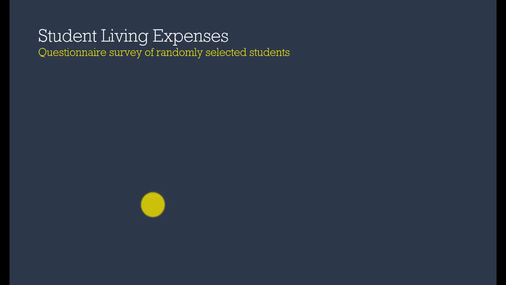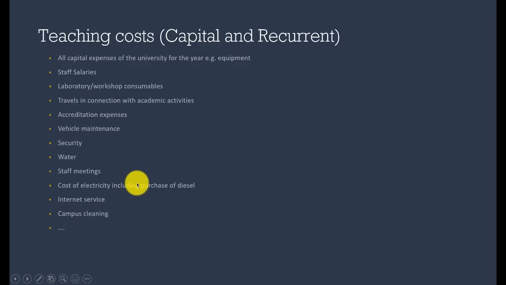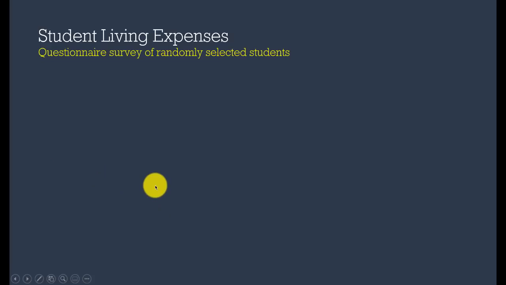What about student living expenses? How do I know? I'm not a student, and I don't know what the living expenses are like now. So what we have to do is a questionnaire survey of the students. Just randomly select them in the faculty or university and ask them what they spend money on. But you have to guide them.